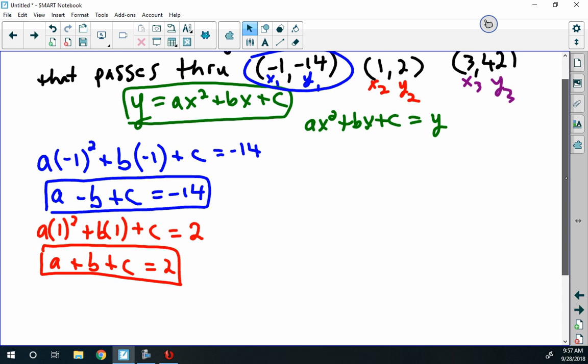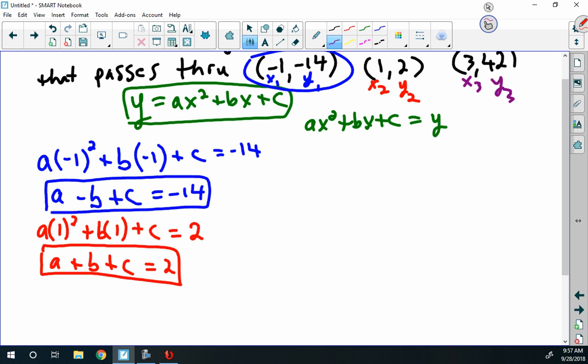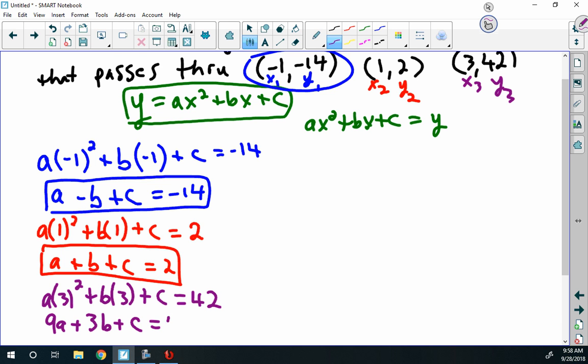Okay. The third time, then, hopefully by now you're getting the hang of this, we're going to go A times 3 squared plus B times 3 plus C, and that's going to equal 42 this time. So I'll have 9A plus 3B plus C equals 42. Okay.